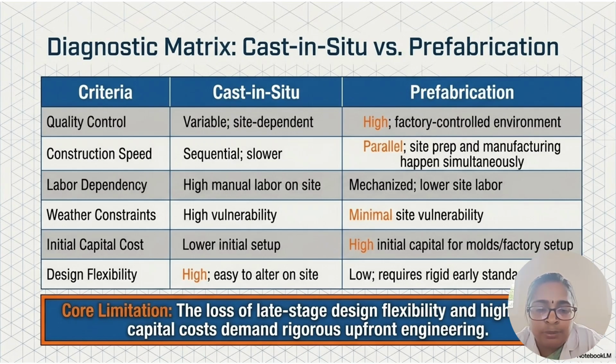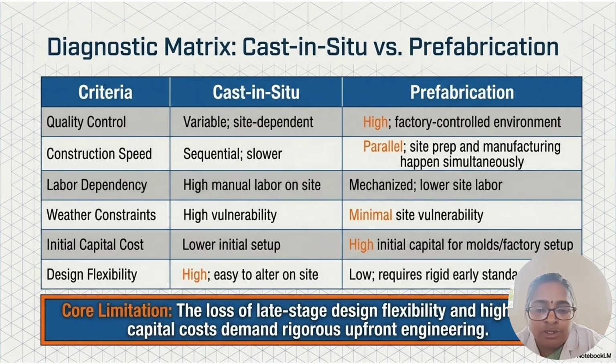Next, labor dependency: cast in situ has a high manual requirement, whereas in prefab we can have a minimum number of skilled laborers. Weather constraints: cast in situ depends on weather and it affects the process, whereas in prefabrication there is minimal site vulnerability.